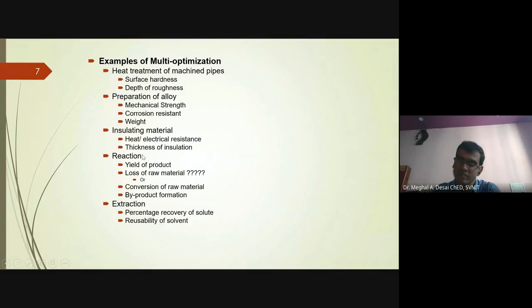Similarly, if it's a reaction, yes, I should have a higher yield of the product, but at the same time, apart from the product, what about other products that are being formed? What about my raw material? Is it being consumed for my desired product, or is it being consumed for undesired product also? So, my two responses. Similarly, if I'm extracting something, say I'm extracting oil from clove bud, then I must have a higher amount of oil from the bud. But at the same time, is it possible to reuse the solvent that I am using in extraction?